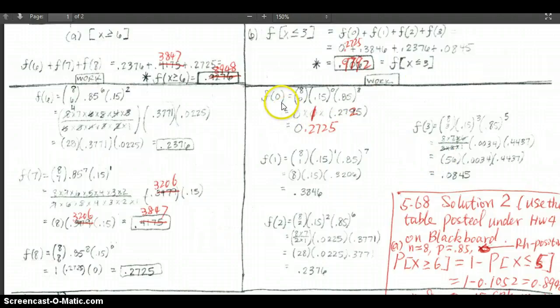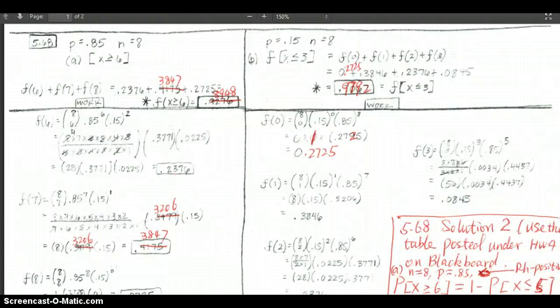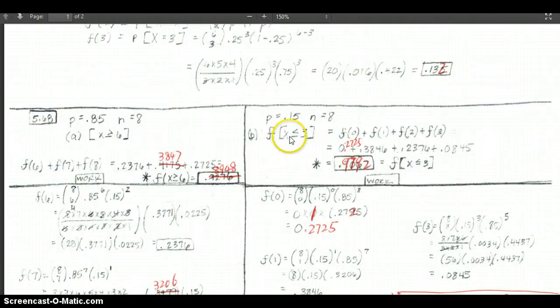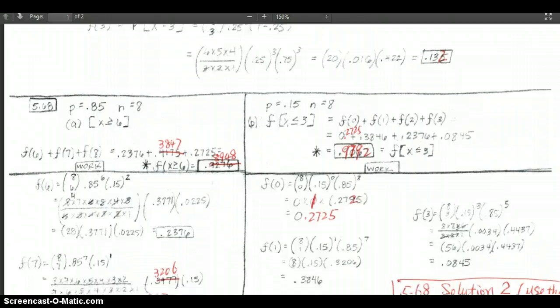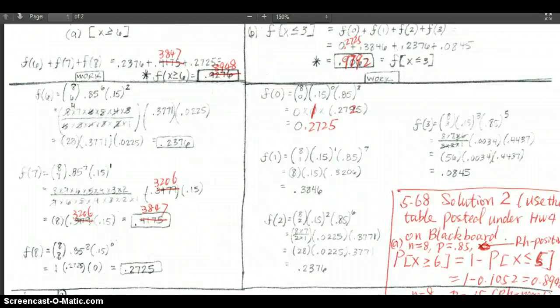Add up 0 people, 1 person, 2 people, 3 people, and altogether that is at most 3 people are RH negative. So this is the probability. We have a 97.92% chance that at most 3 are RH negative. Okay, so you can see it's very high.